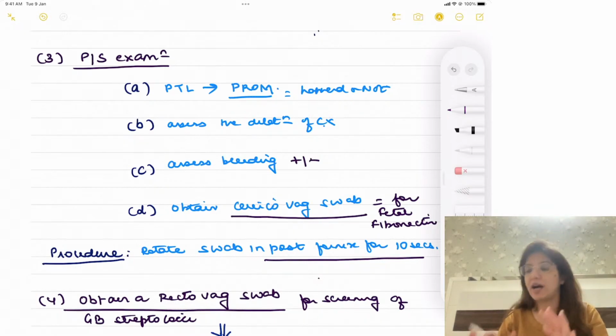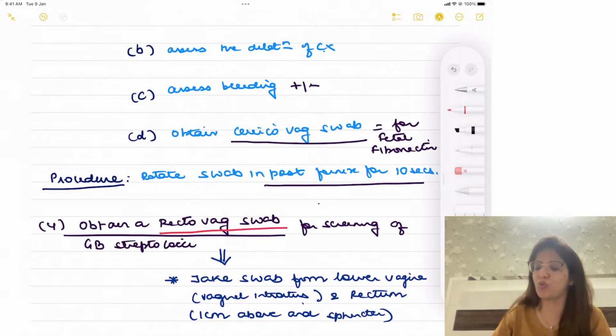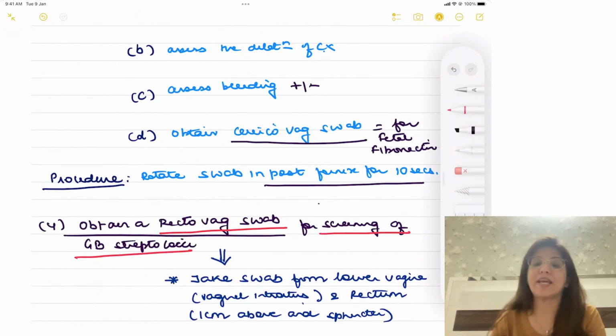Apart from that, other than that, I'm going to take a recto-vaginal swab. And this recto-vaginal swab is a method of screening for group B streptococci. Now, when you are taking a recto-vaginal swab, please remember that the swab has to be taken from lower vagina, just above the vaginal introitus, or at the level of vaginal introitus and not a high vaginal swab.